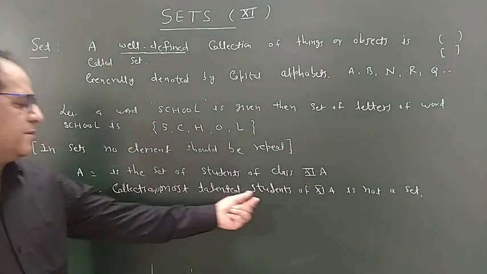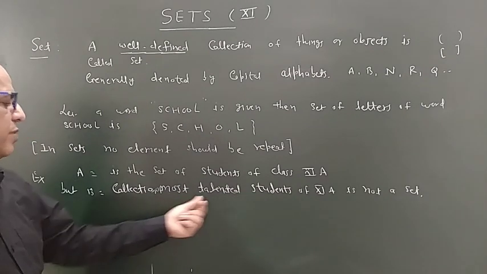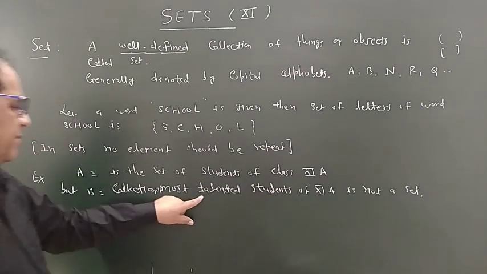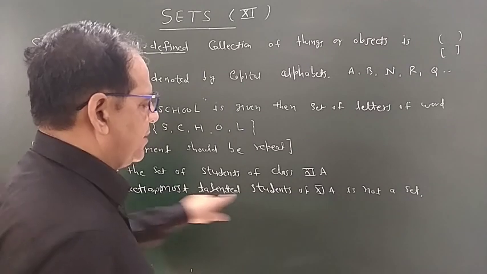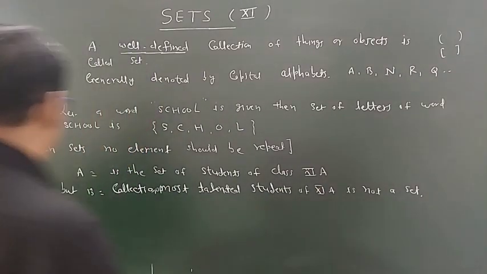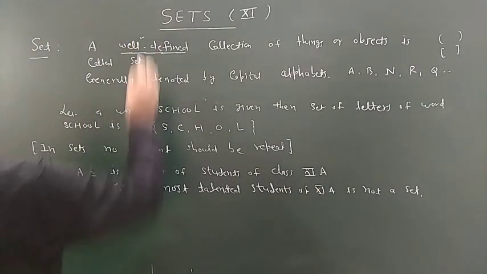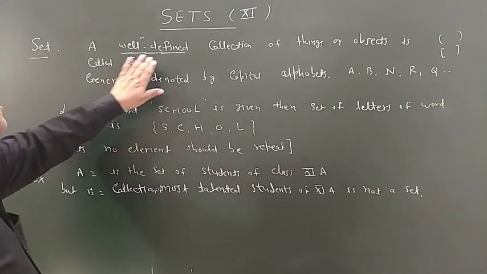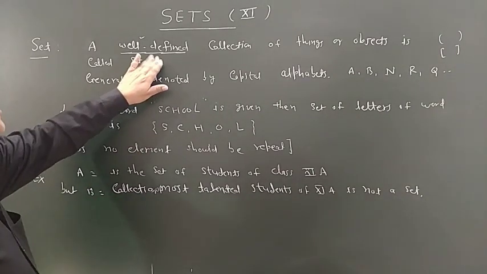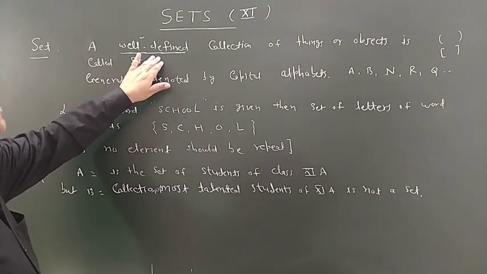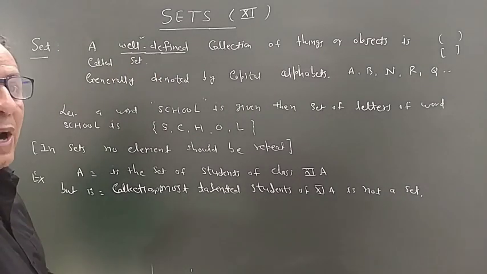Which type of students are coming in the most talented category? So this type of collection is not a set. So this is the condition of a well-defined set. That means each element of the collection should be well defined.